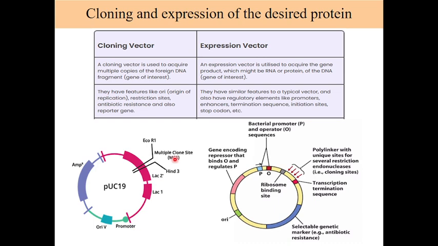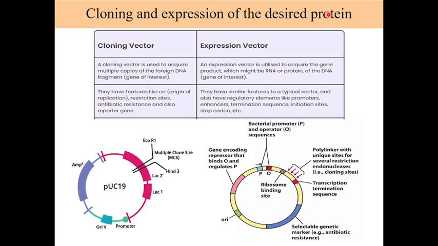Okay, now we will look at cloning and expression of the desired protein. You need to understand two things first: what is a cloning vector and what is an expression vector. We know that a vector is a genetically modified plasmid. What is the difference between a cloning and an expression vector?